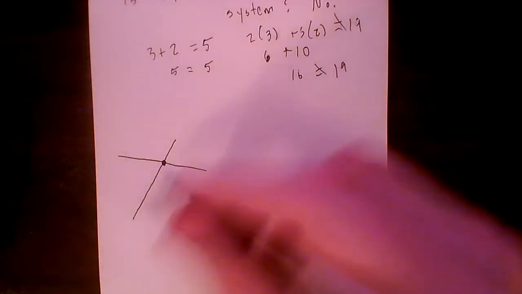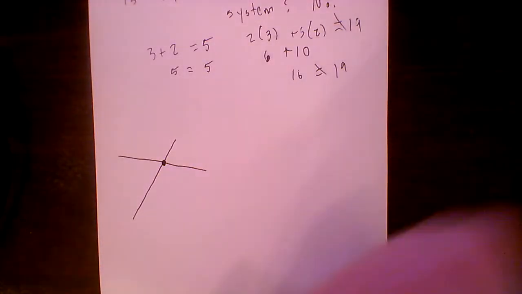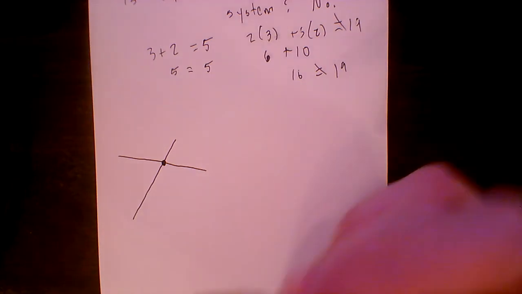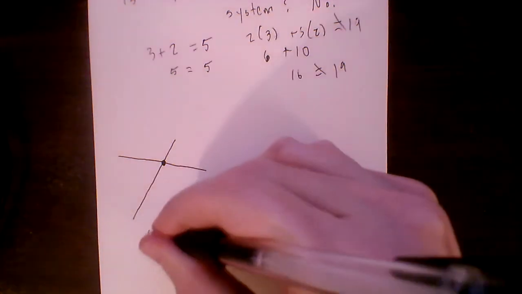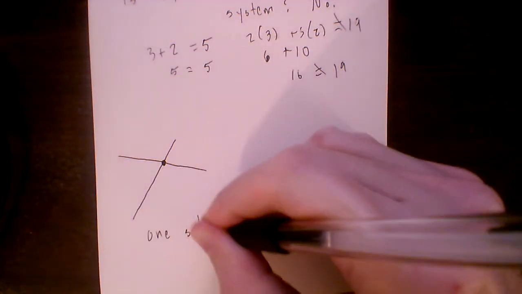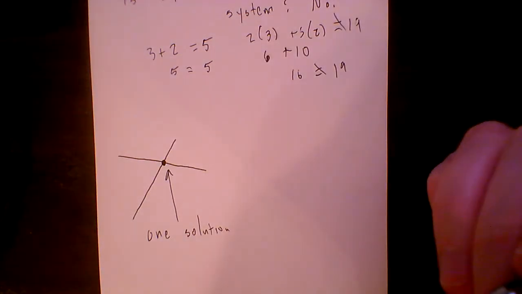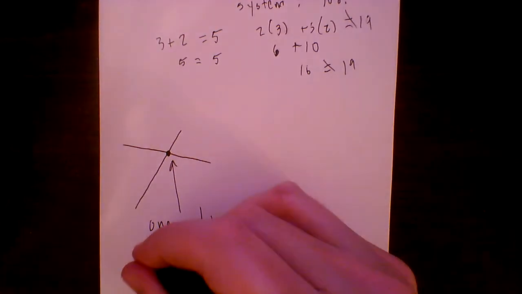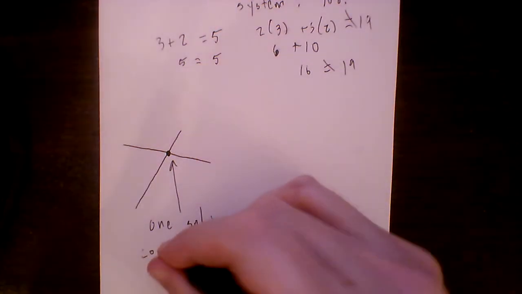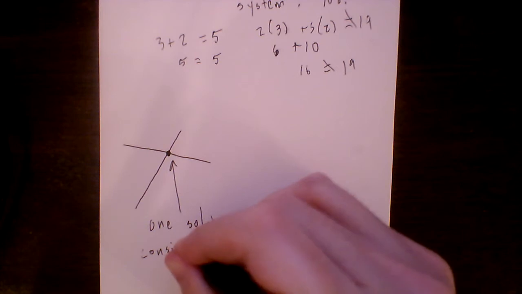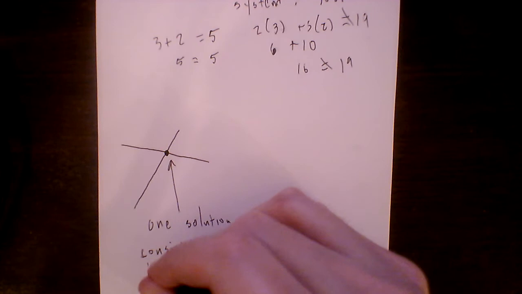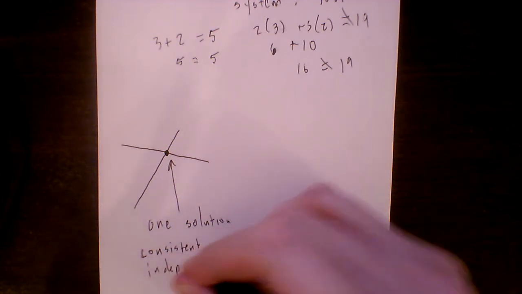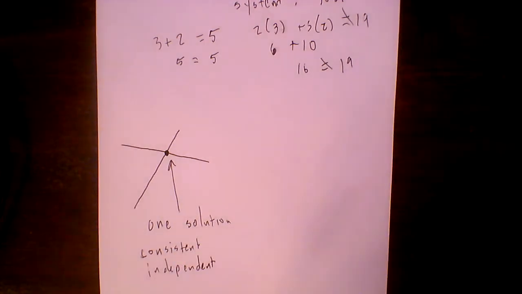And so in this particular example, which is by far the most common thing that will happen when you have systems of equations, we have one solution at this ordered pair, right? Okay. We call this a consistent system because it has at least one solution, and an independent system. That means that there are two separate lines.